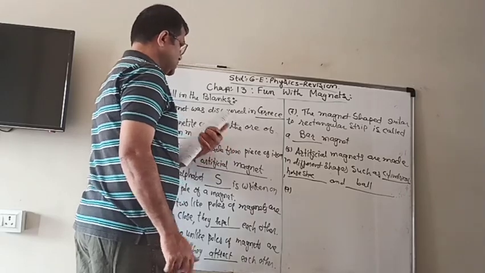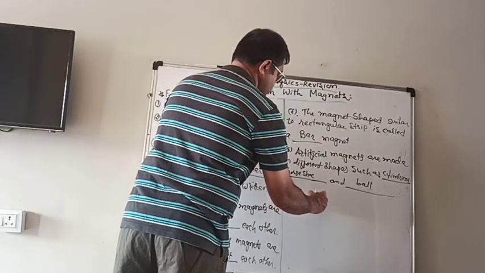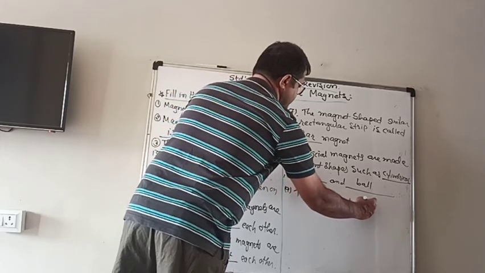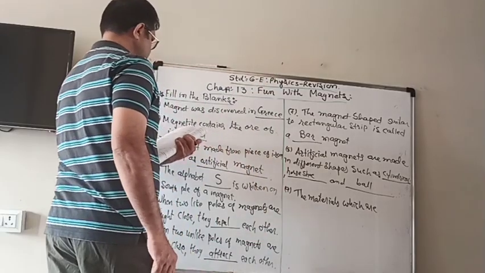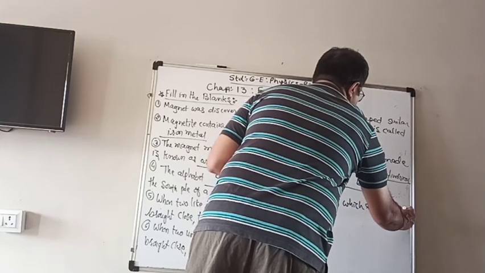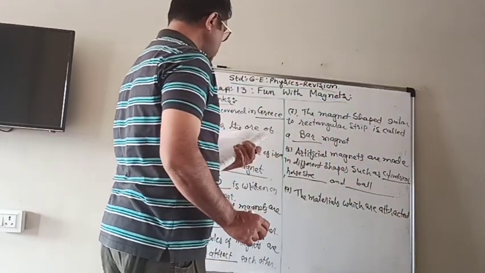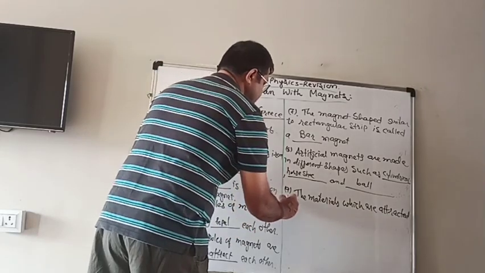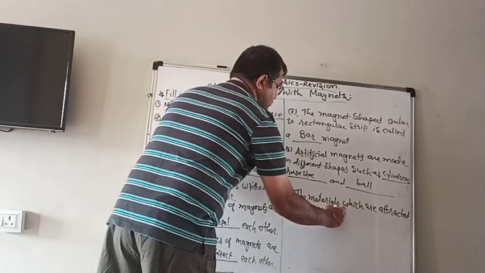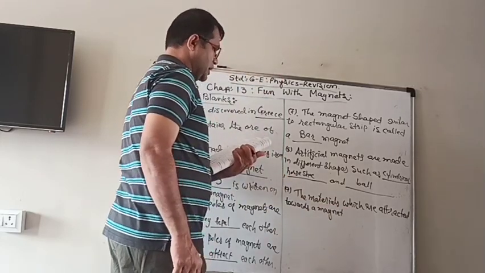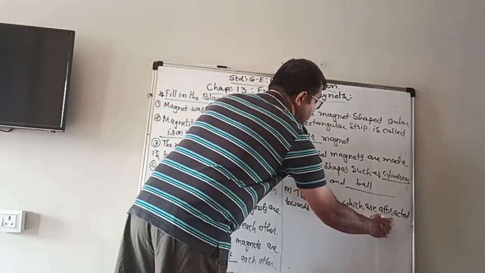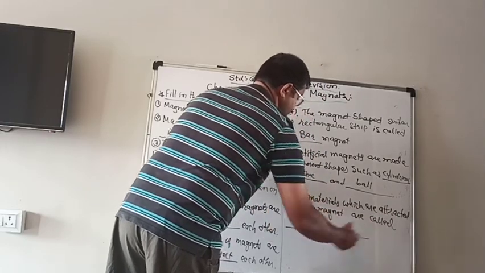Ninth one, the materials which are attracted towards a magnet are called blank.